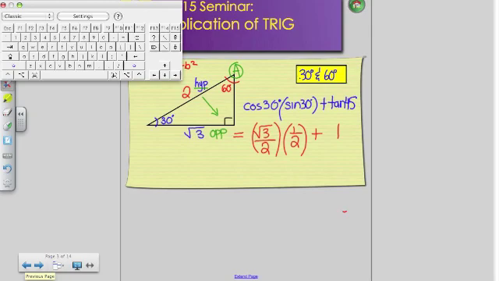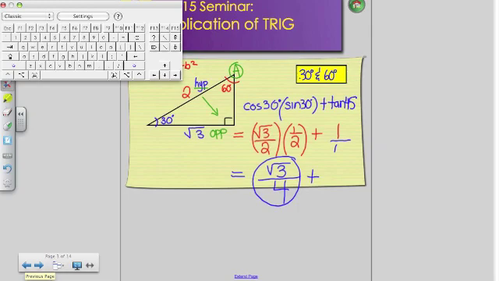Okay. So at this time we don't have a radical in the denominator, which is much better. So I have root 3 times 1, which is root 3, over 2 times 2 is 4. So I have a fraction, root 3 over 4. How can I change 1 over 1 so that I have a common denominator that I can combine with the root 3 over 4? Brendan?